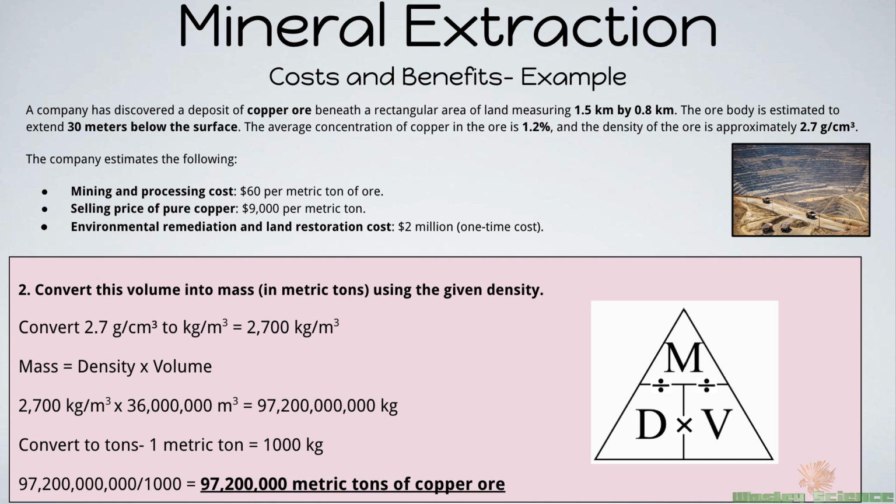You times that by the volume, and you get 97,200,000,000 kilograms. If we convert this to metric tons, each metric ton has 1,000 kilograms, so we're at 97,200,000 metric tons of copper ore.